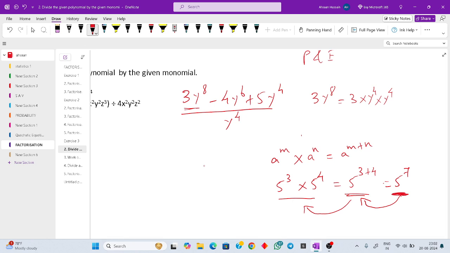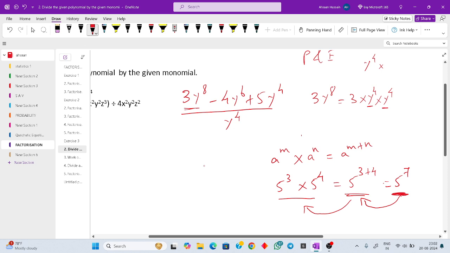I have broken down this y power 8 into two terms, y power 4 and y power 4. Because if you take y power 4 multiplied by y power 4, you will get y power 4 plus 4, and y power 4 plus 4 means y power 8.